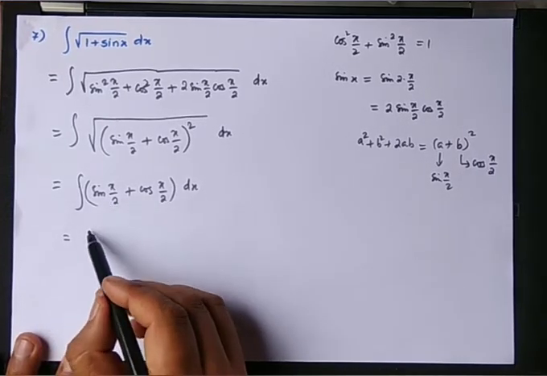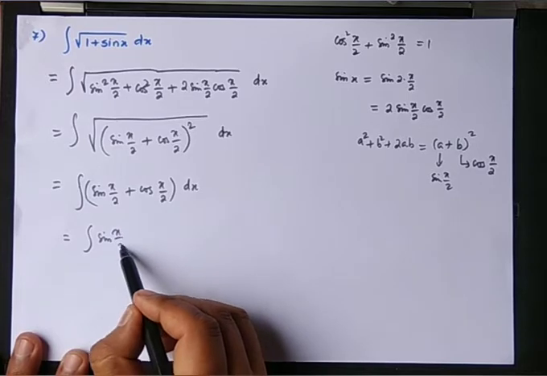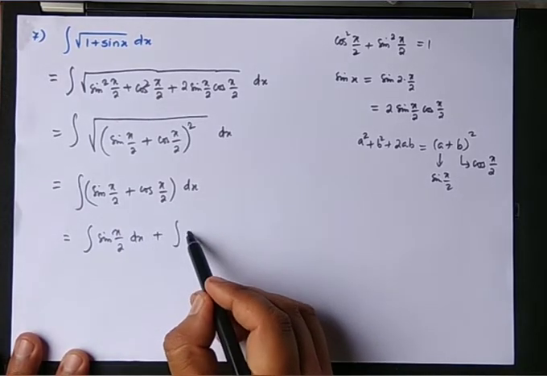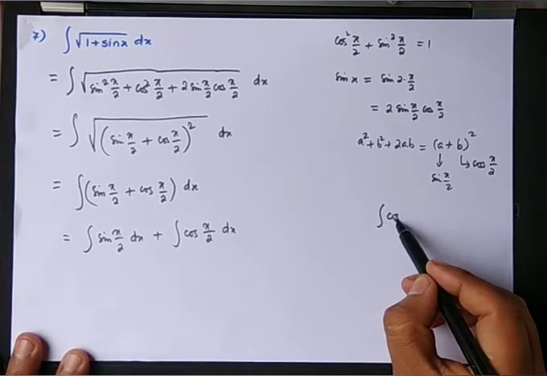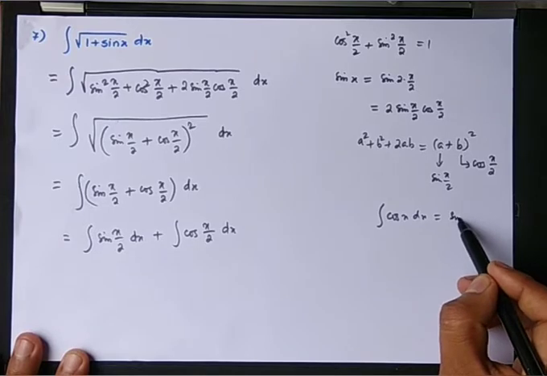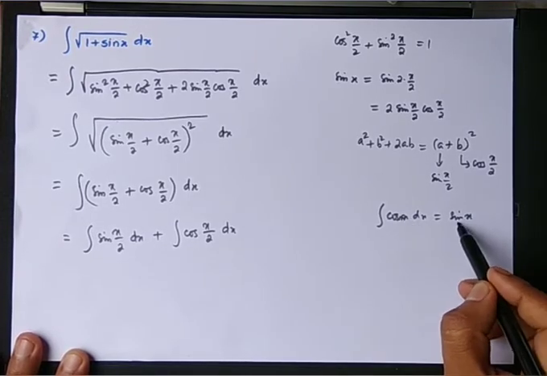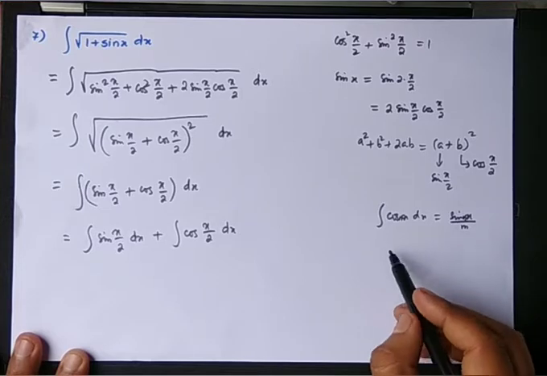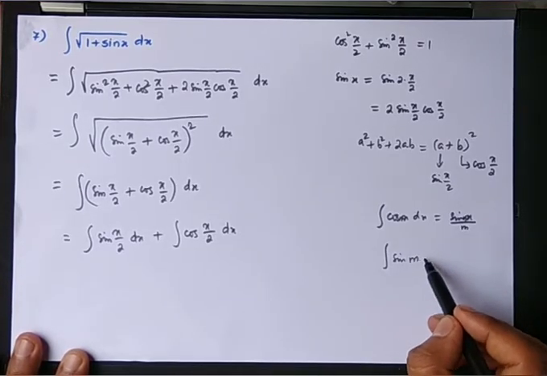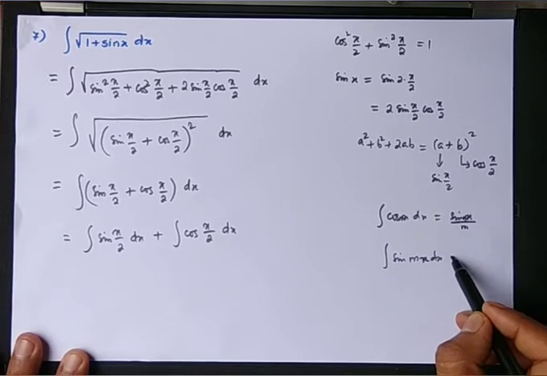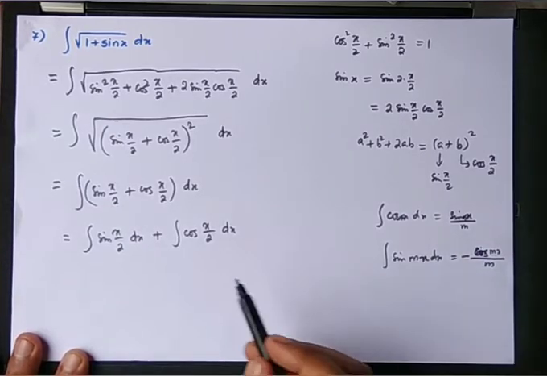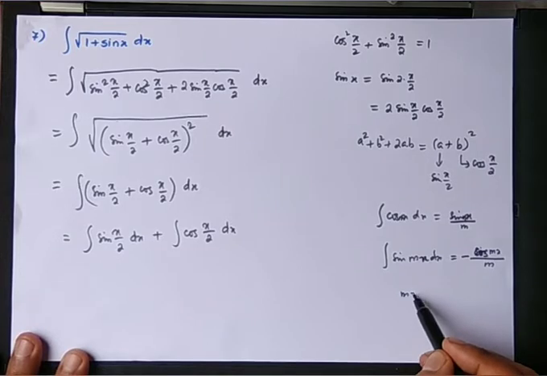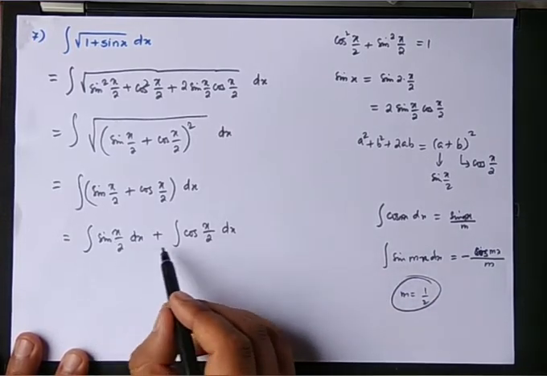So let's open the bracket. We have the integral of sine x by 2 dx plus the integral of cos x by 2 dx. We know that the integral of cos x is sine x, and whenever there is m, it will be divided by m. Similarly, the integral of sine mx dx is going to be minus cos mx by m. Let's make use of this formula. Here m is half in both cases.